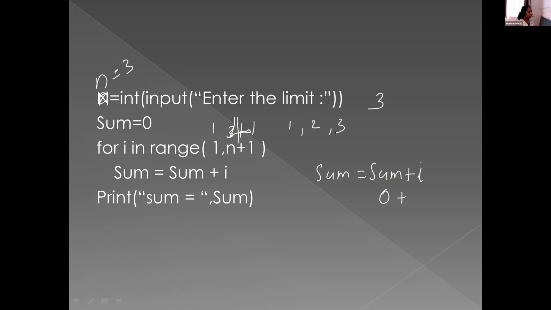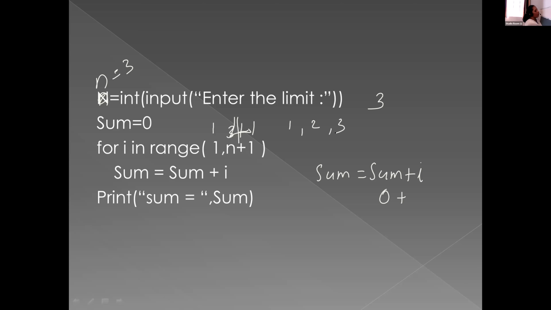That is the result. Range 1 comma 4, n plus 1 it is 4. So range 1 comma 4 means starting from 1 till 3, and 1, 2, 3 are the result of this range function. So the values of I are 1, 2 and 3.